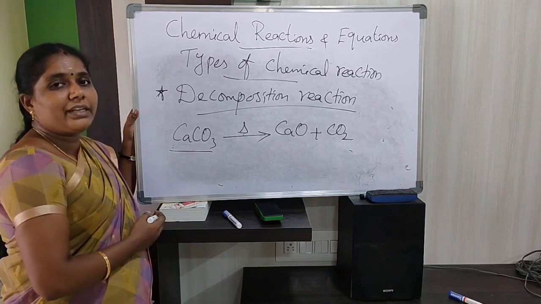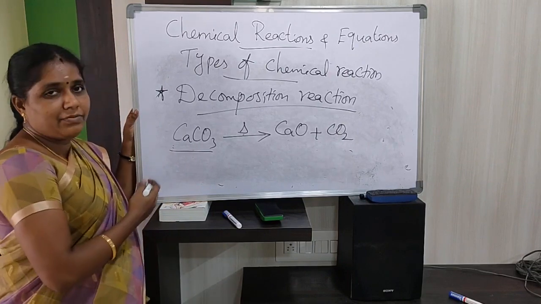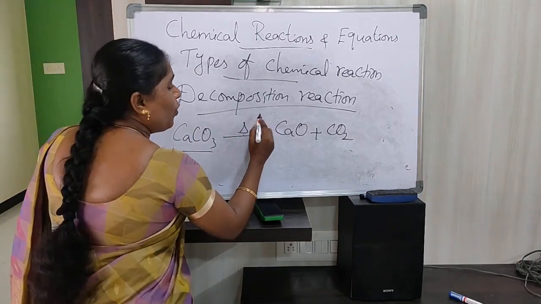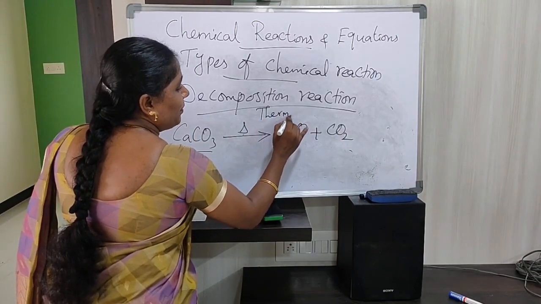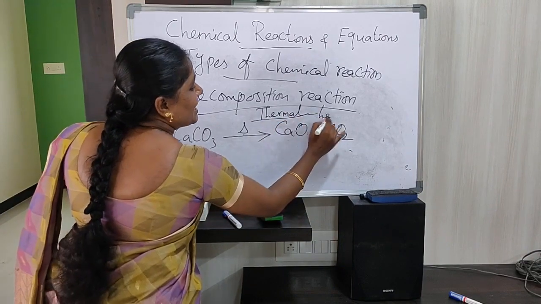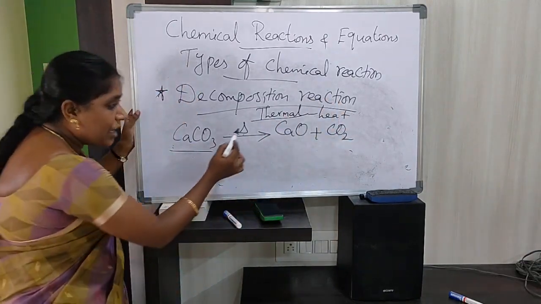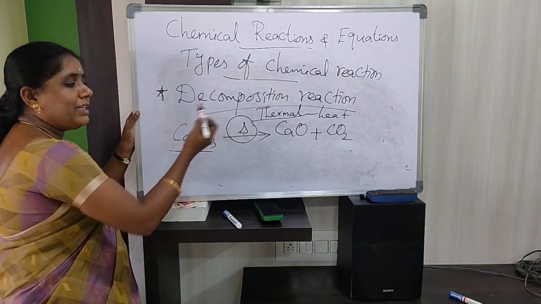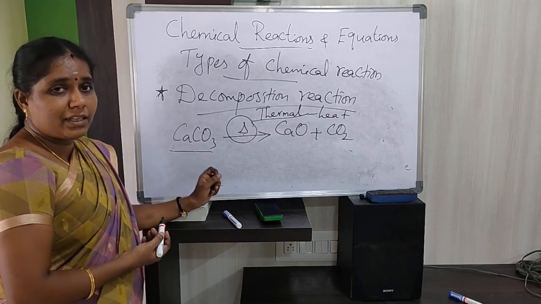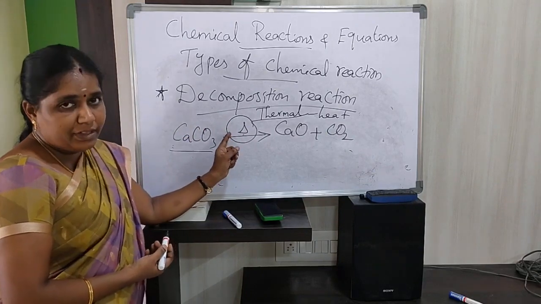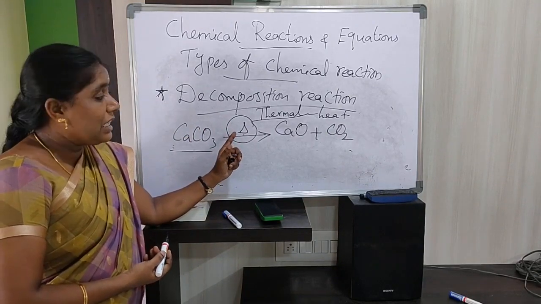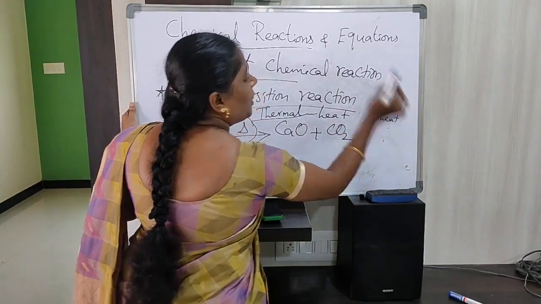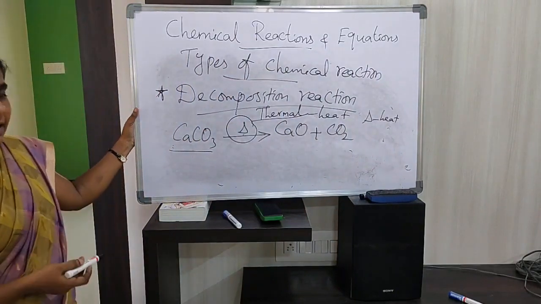We have different types of decomposition reactions, like thermal decomposition. What is meant by thermal decomposition? Thermal means heat. So decomposition reaction takes place in presence of heat. You know very well, while balancing chemical equations, already we have discussed in your online classes, this del symbol indicates heat.